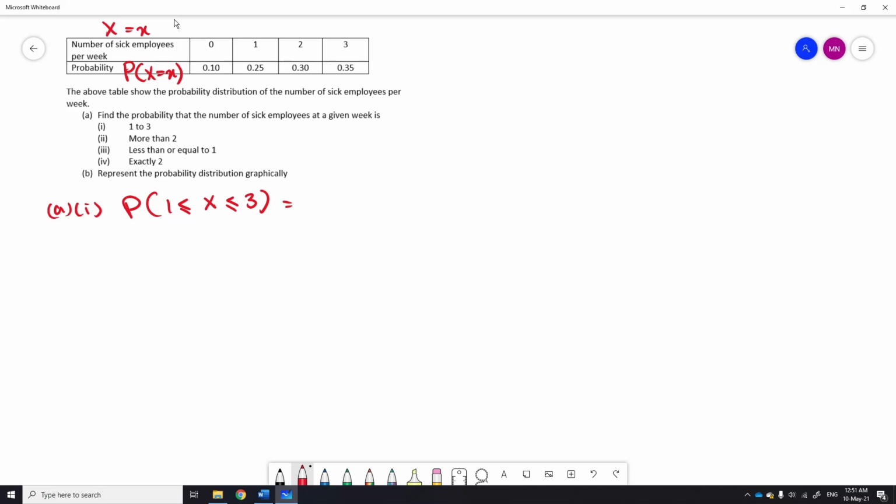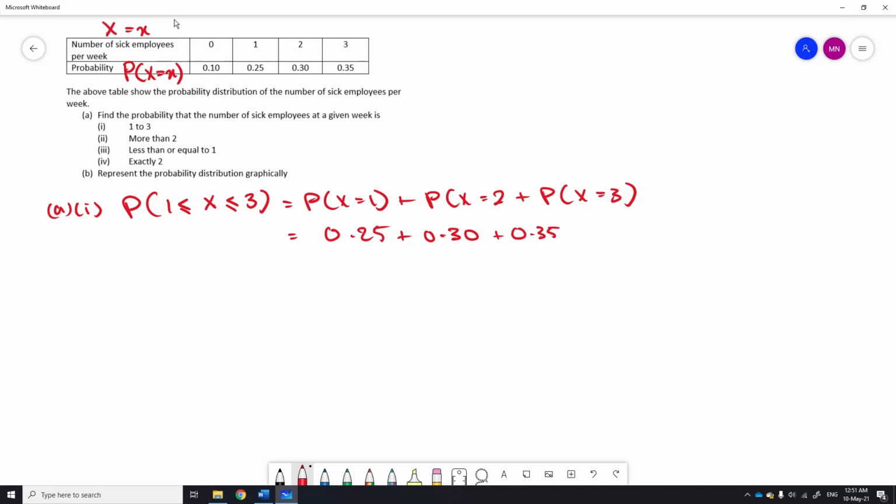So this covers probability of x equal to 1 plus probability of x equal to 2 plus probability of x equal to 3. So equal to 0.25 plus 0.30 plus 0.35.